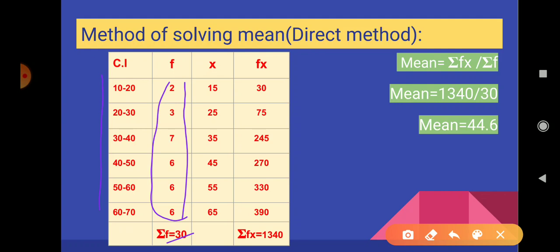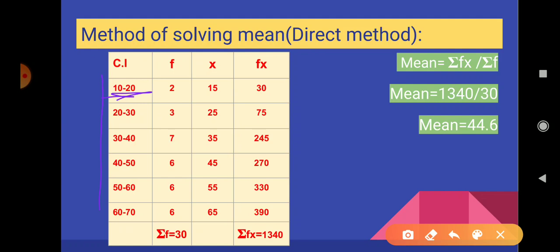Next, we have to find the class mark, x. As I told you, the class mark is nothing but the mid value of the class interval.